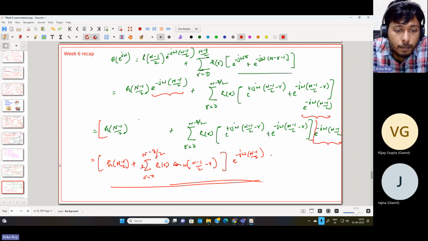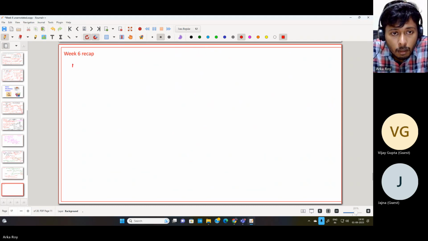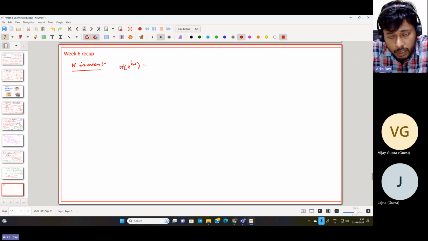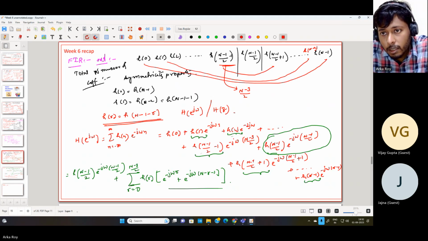Likewise, if we have n even, again by following the same symmetry property, if we solve the DTFT equation, in case of odd you are getting some middle component.